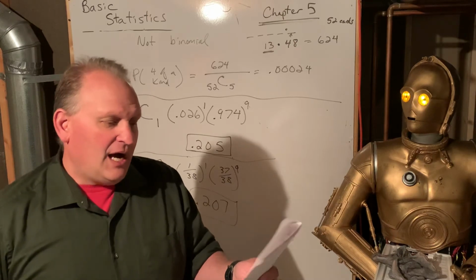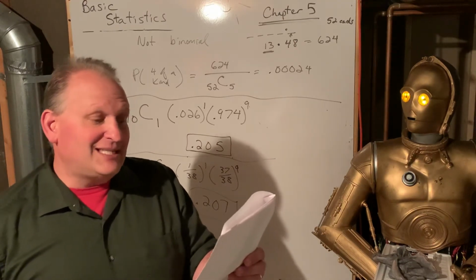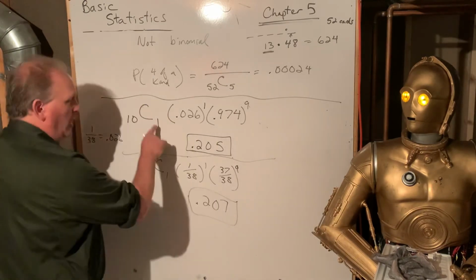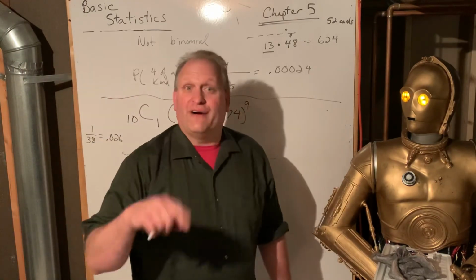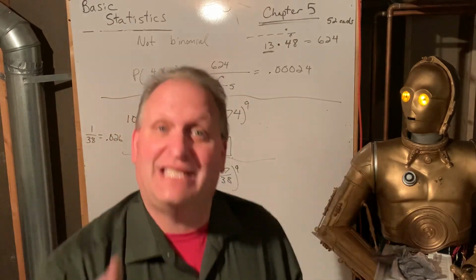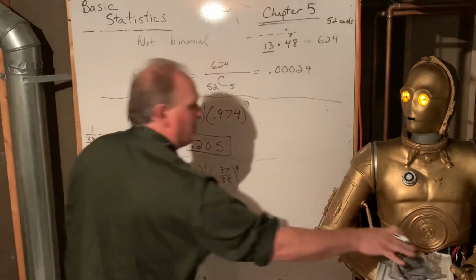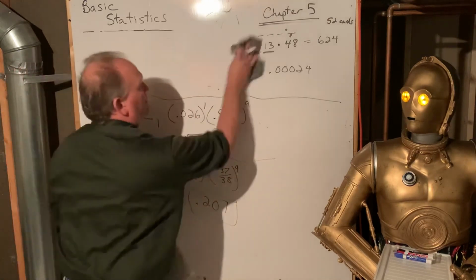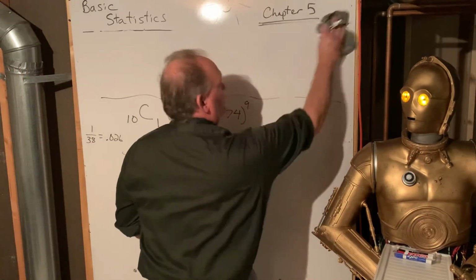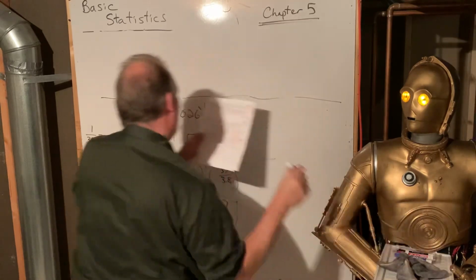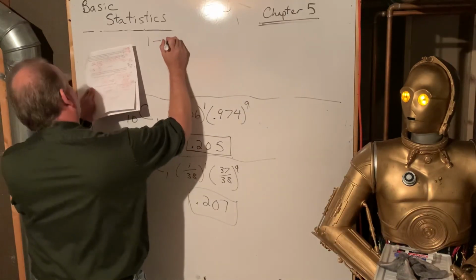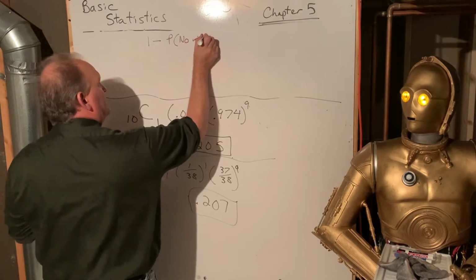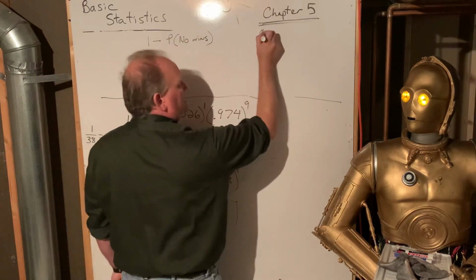All right. What is the probability you win at least once? Okay, so instead of figuring out 1 or 2 or 3 or 4 or 5 or 6 or 7 or 8 or 9 or 10, it is much easier to go the other way and just say 1 minus the probability of not winning, no wins. Because that's the only one in our sample space that isn't covered.